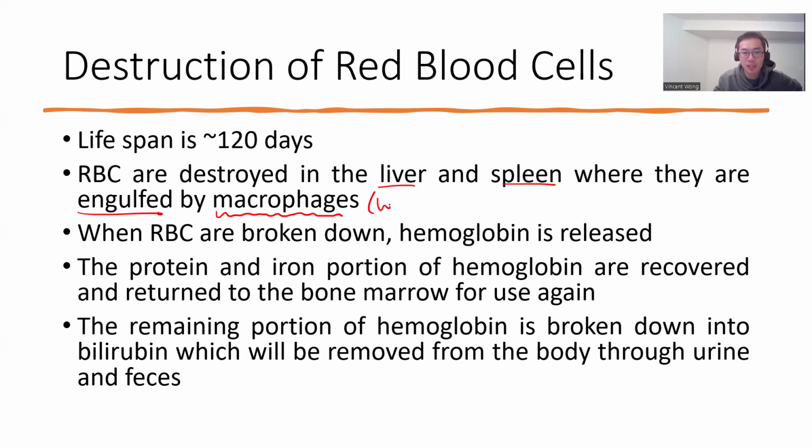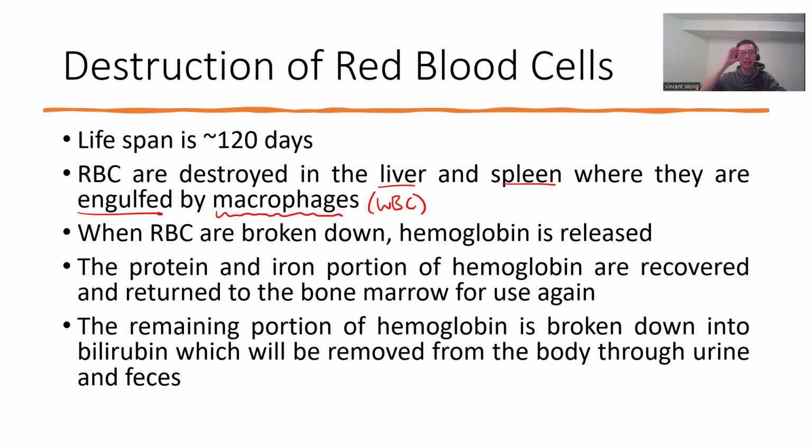Macrophage is a type of white blood cell that we will look at later, but they're basically there to eat up these worn out red cells. The liver is in the top right quadrant of your body. I showed you already, right? Right here, that's where the liver is, and then the spleen is right here, at the back, top left quadrant, behind the stomach.